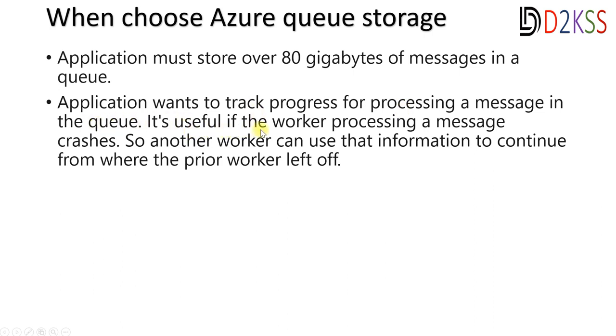It's useful if the worker processing a message crashes. For example, any application or server is processing a particular queue message, and for some reason that server has crashed and is unable to process that message. By maintaining that progress, another worker can use that information to continue from where the prior worker left off.